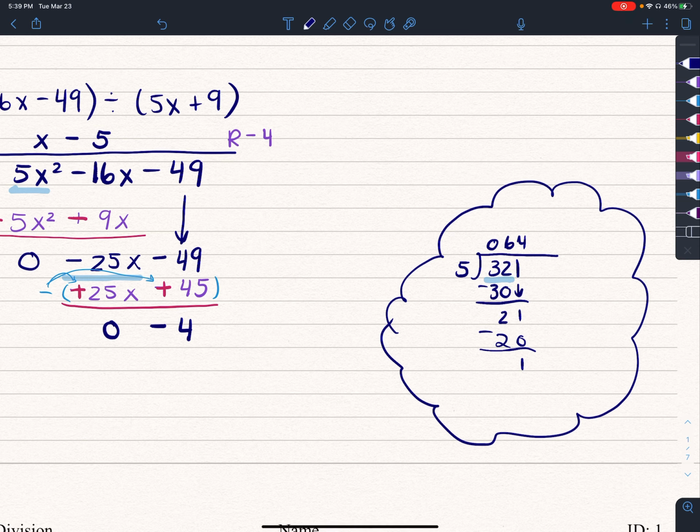Subtract, 1. So the way that we would write this, 64 and 1 divided by 5. So this remainder 1 turned into 64 and 1 over 5, 1/5, because we have one piece left.